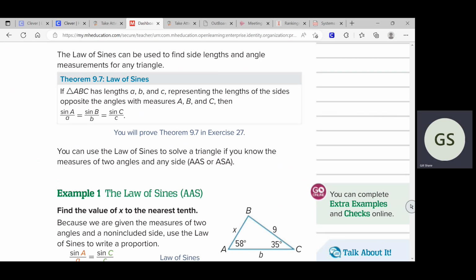There is no other way to figure this out other than to memorize. You can't be given that information, at least not in a timely manner, and then do it some other way that we've learned. You're just going to have to memorize the relationship. It's called the law of sines, the relationship between the sine of an angle and its opposite side. That's what all this means.